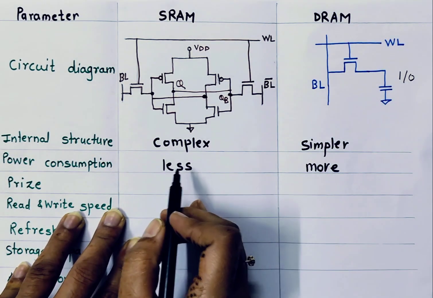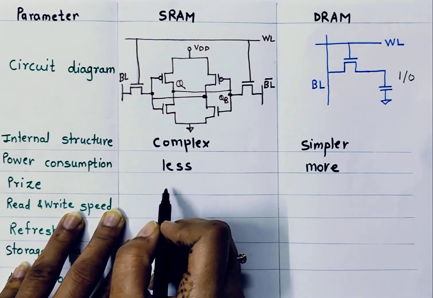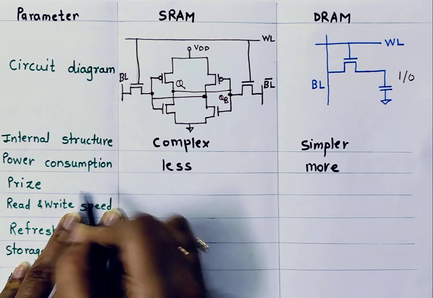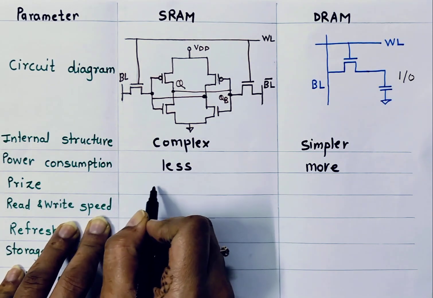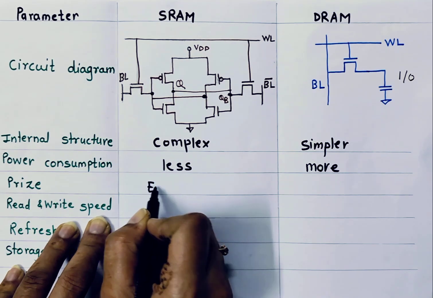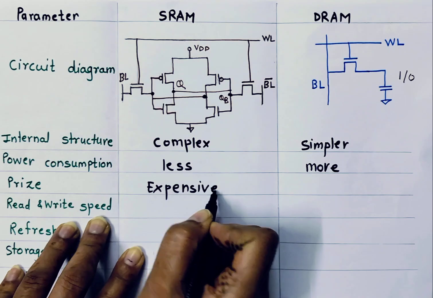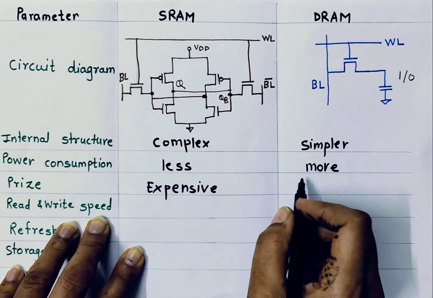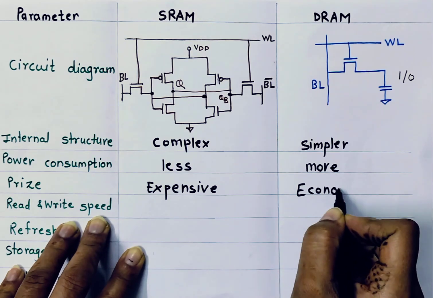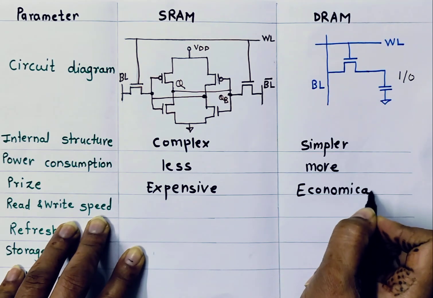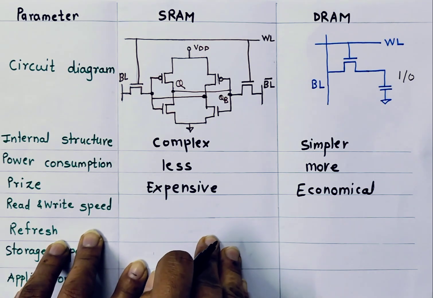So SRAM has more number of components, so it is costly. So when we compare it in terms of price, SRAM is expensive, whereas DRAM is economical. Then read and write speed.